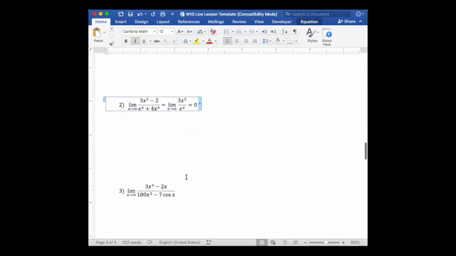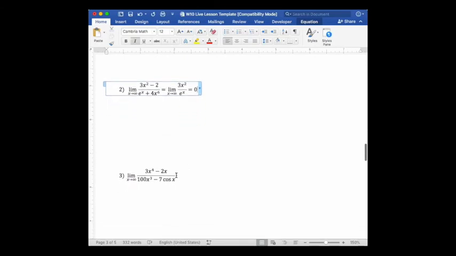And then one more. So now we have the limit as x goes to infinity of 3x to the fourth minus 2x over 100x to the third minus 7 cosine x. We do the same analysis. We just ask what grows the most quickly in the top. Well, that's 3x to the fourth, right? And what grows the most quickly in the bottom? That's the 100x to the third, right?